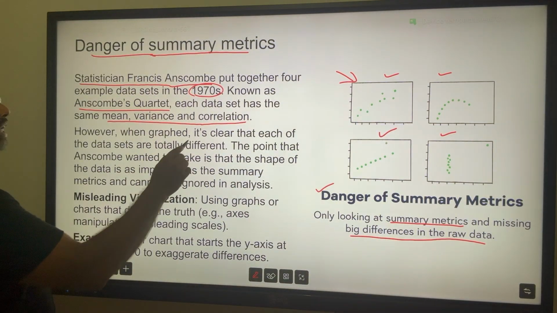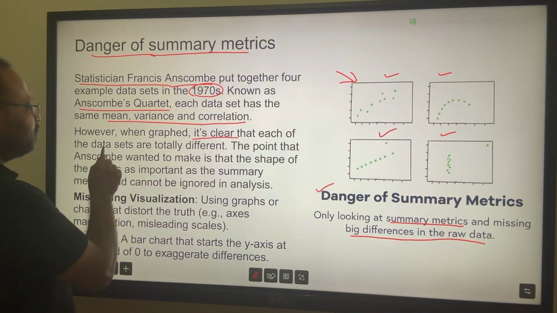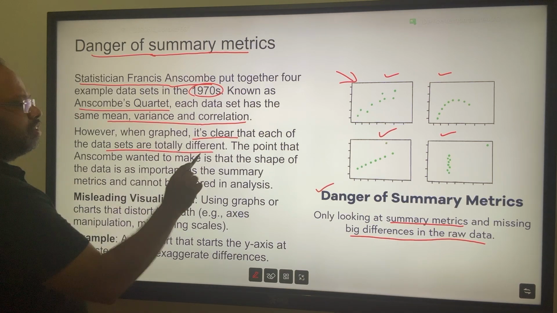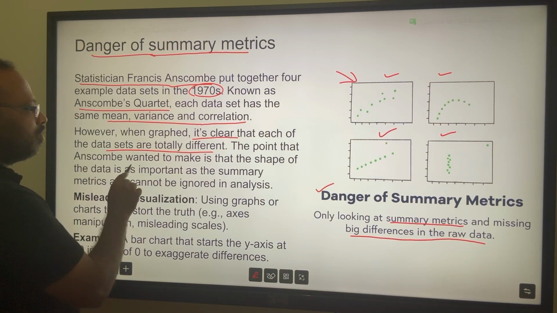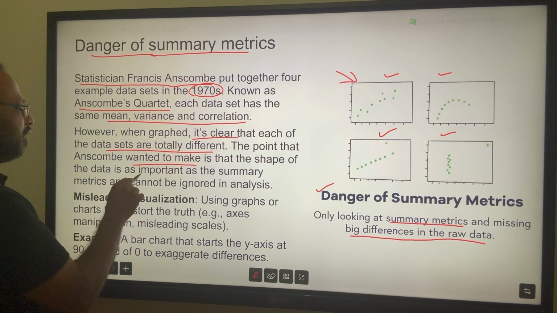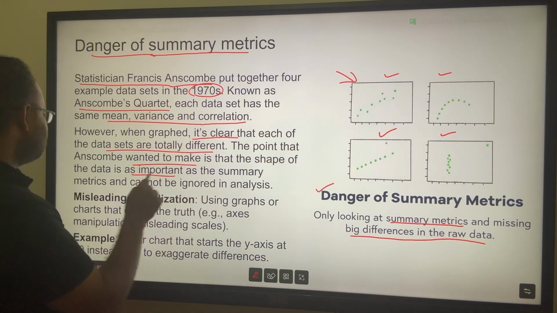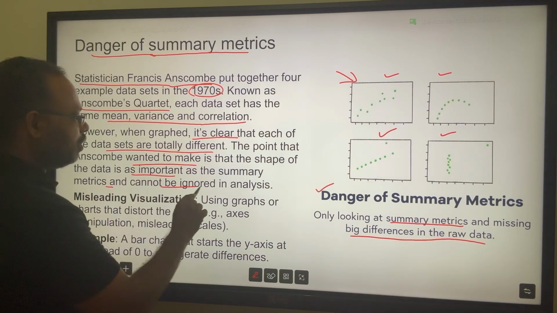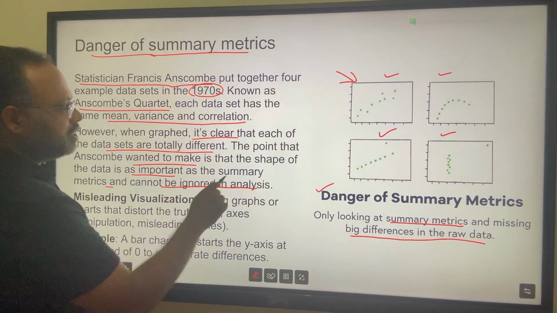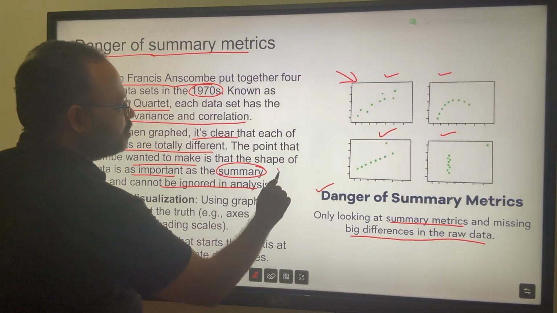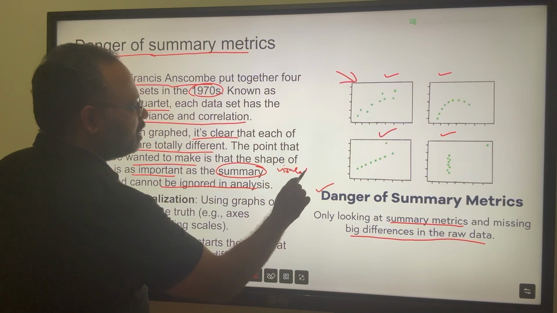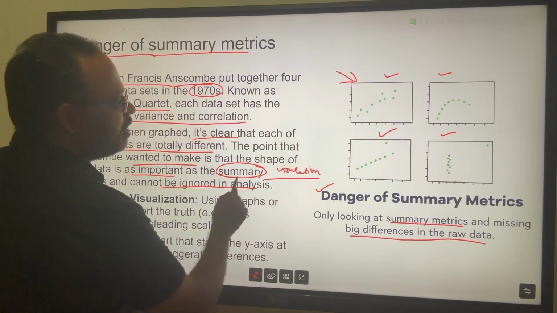However, when graphed, it clearly indicates that each of the data sets is totally different. The point that Anscombe wanted to make is that the shape of the data is as important as the summary metrics and cannot be ignored in the analysis. We need to have the summary and also the visualization. Both need to be done in statistics in order to avoid data fallacies.